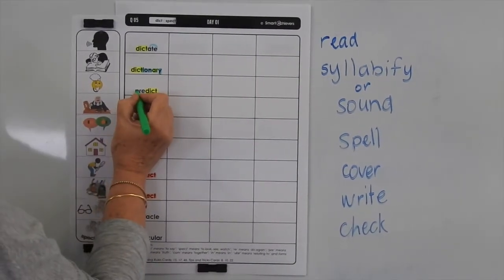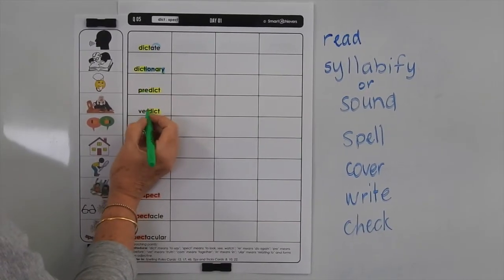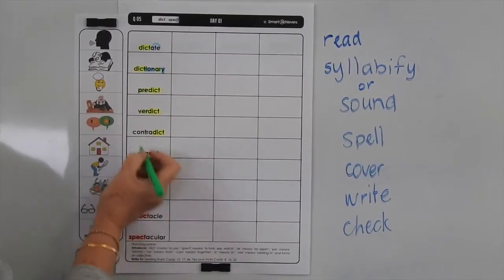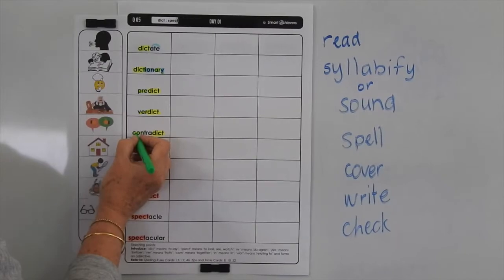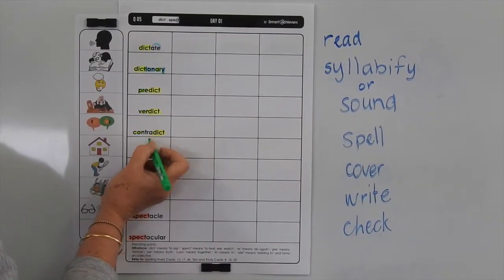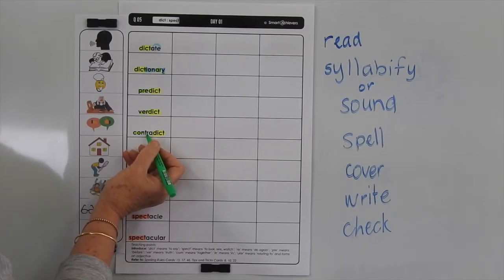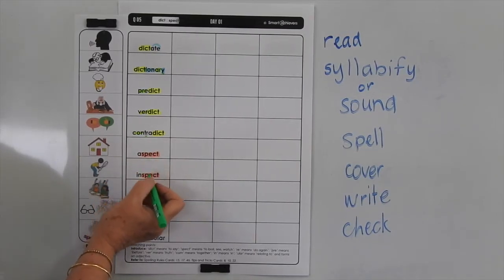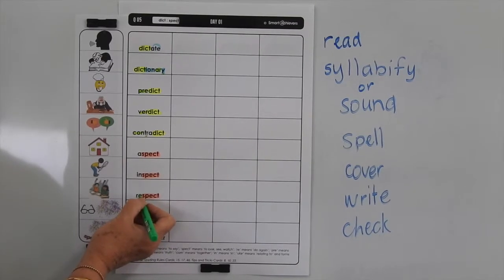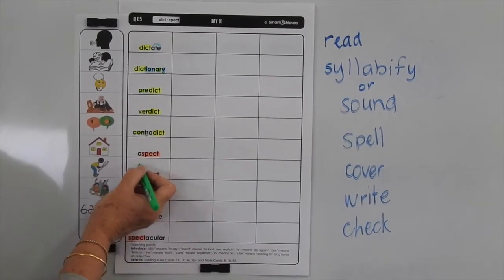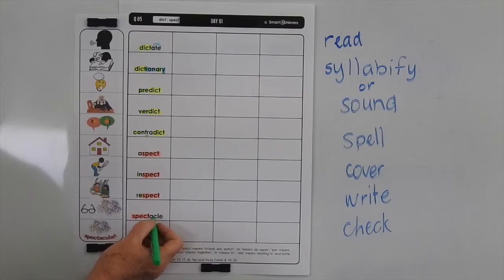Predict is just that prefix on the front. Verdict, we did the meaning of those down the bottom. Contradict, so just remember that's a TR there. It's not a ch sound, it's a tr sound. And I don't think re, that's just a prefix. In is a prefix, A is a prefix on there. Spectacle.